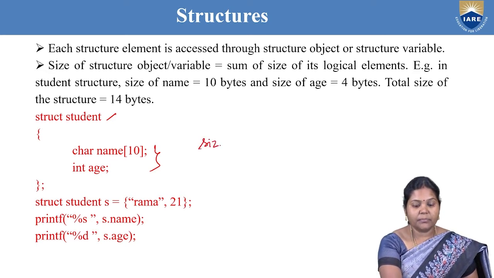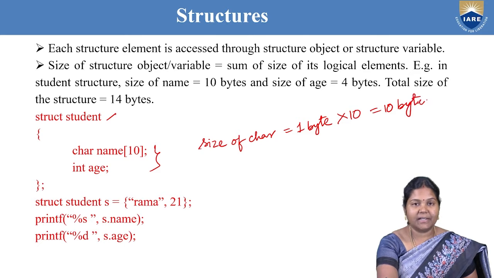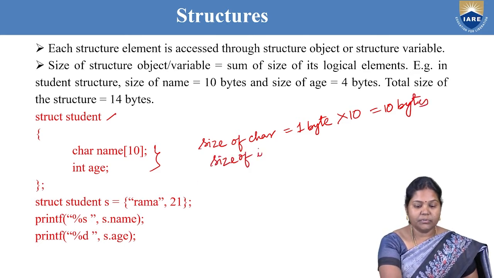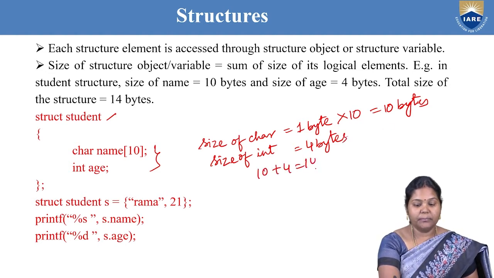What is the size of a character? It is 1 byte, and we need 10 of them, so a total of 10 bytes of space is required. Similarly, what is the size of an integer? Suppose the size of an integer is 4 bytes. So, 4 bytes of space is required. Totally 10 plus 4, that is 14 bytes, is the size of the structure.